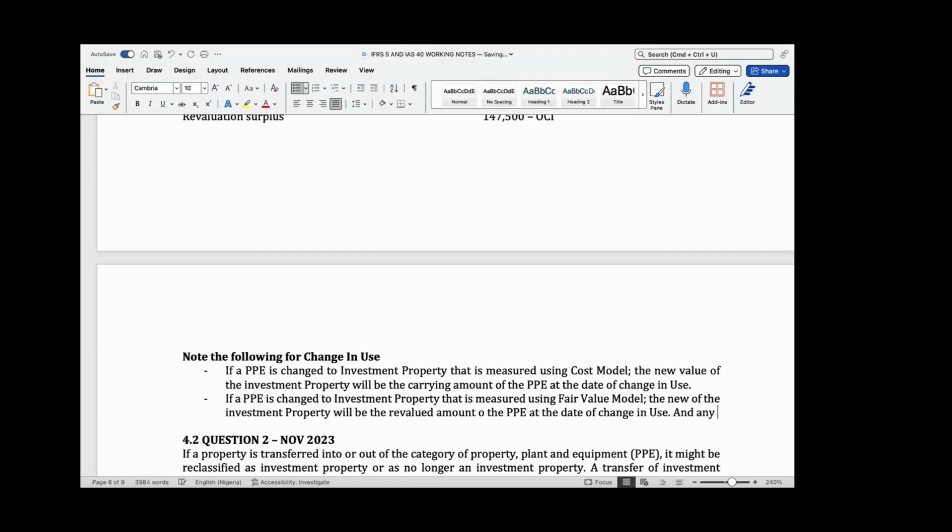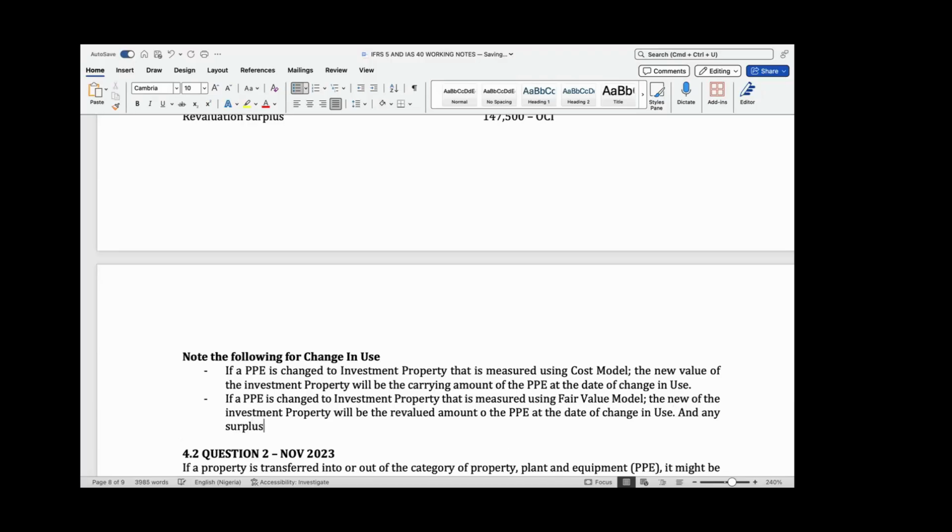And any surplus thereof, meaning from that revaluation, will be treated in OCI, meaning as in its position as PPE.